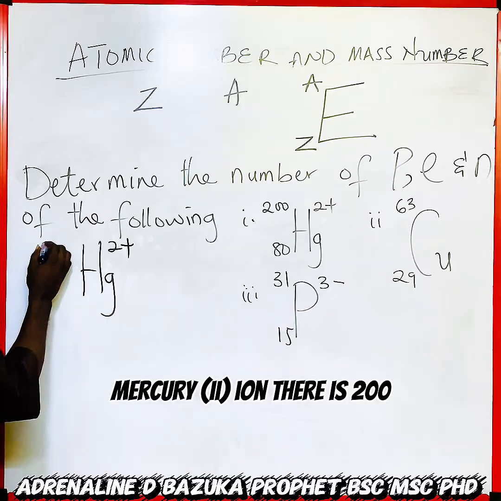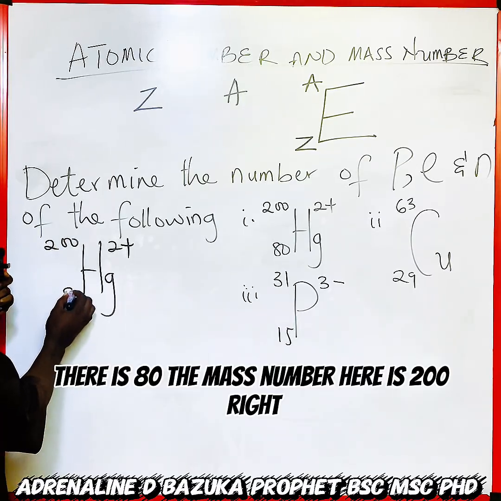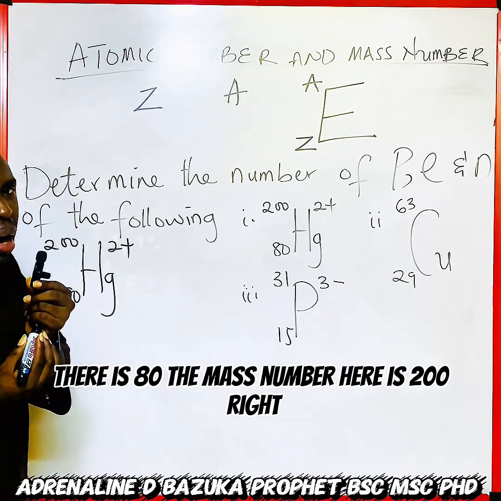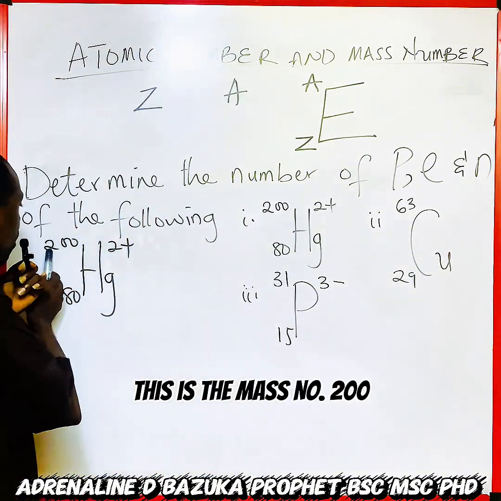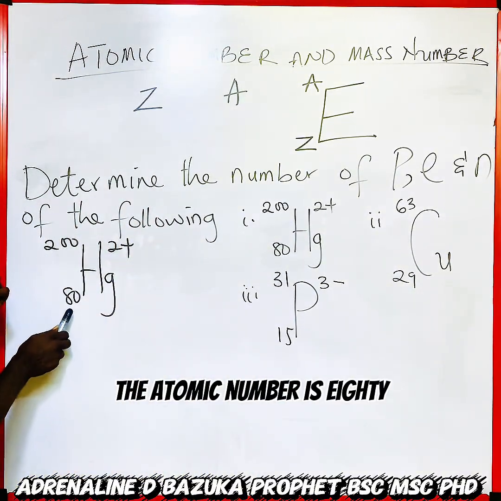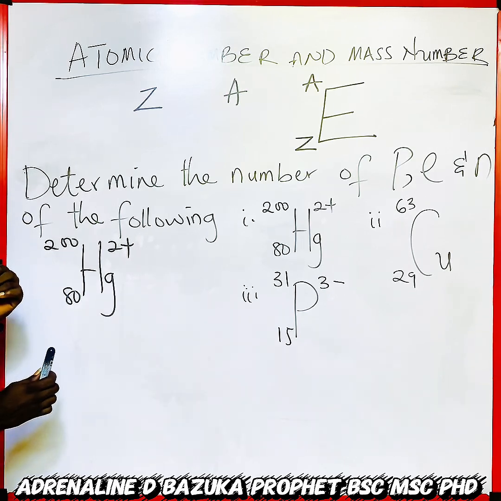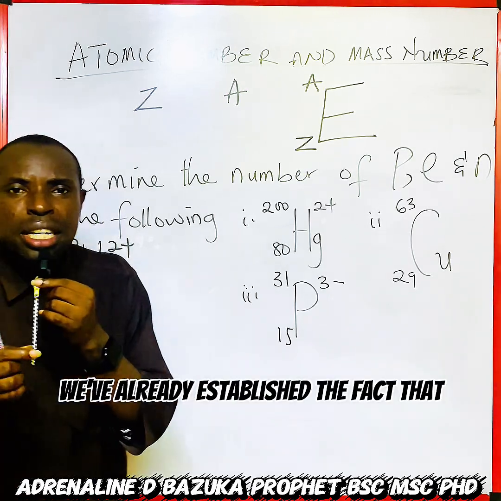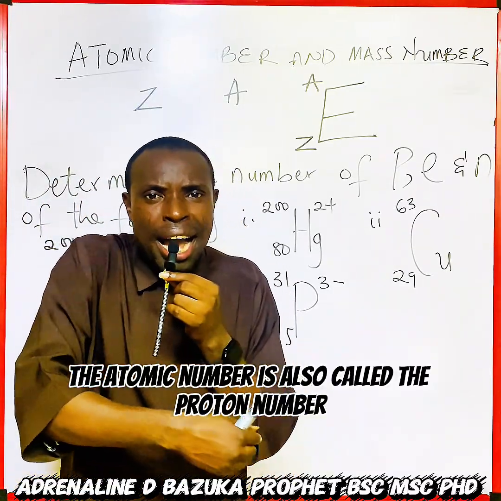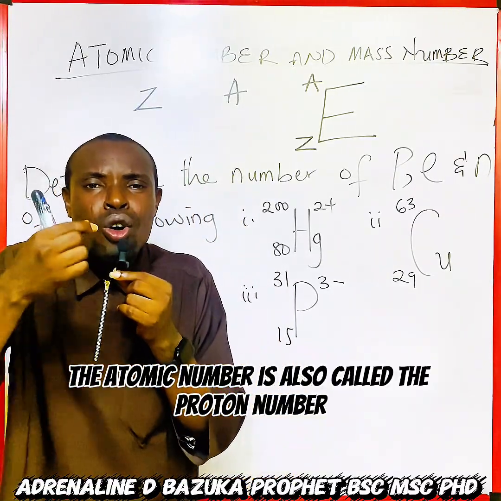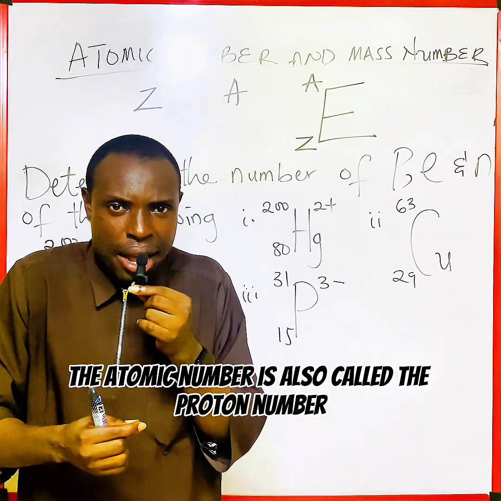Let's go. So if I'm having Mercury 2+ ion, here is 200, here is 80. The mass number here is 200, and the atomic number is 80. We've already established that the atomic number is also called the proton number.